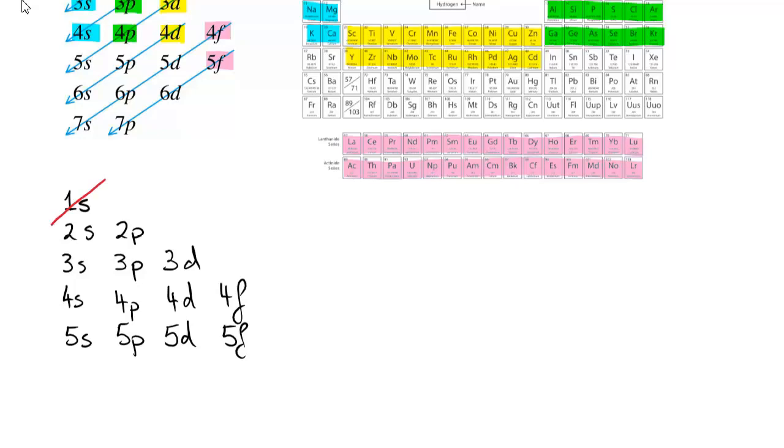So first they have to fill in the 1s, then the 2s, and then the 2p, 3s. So you can see the filling order: 1s, then 2s, then 2p, then 3s, then 3p, 4s, 3d, 4p, 5s, and so forth.